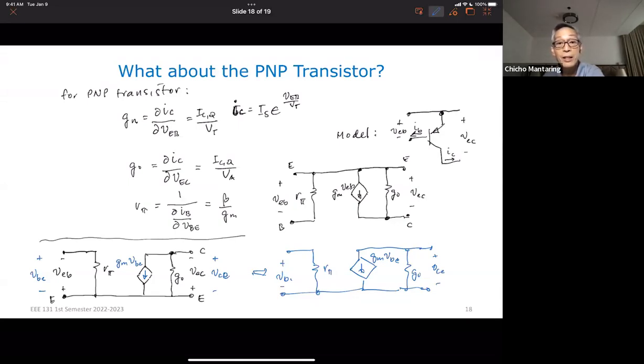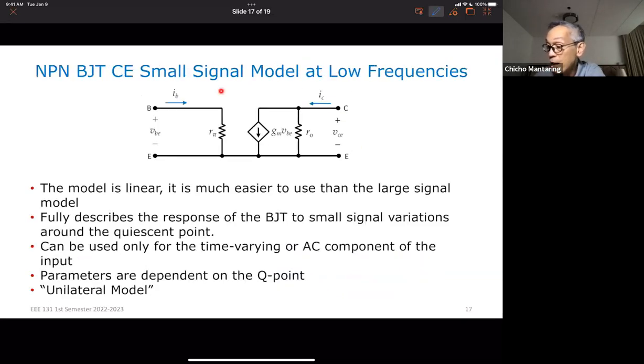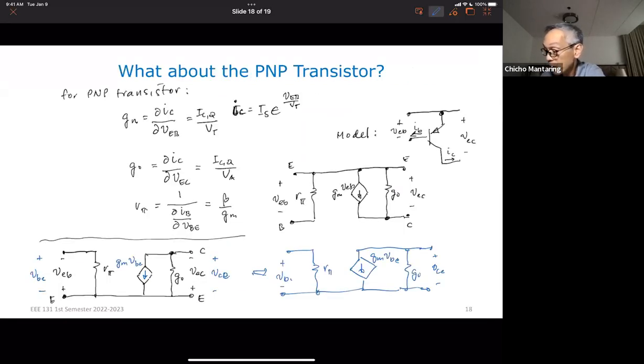What did you notice? Exactly the same. The model for the PNP and the model for the NPN are exactly the same. So you only have to remember one model for both the PNP and the NPN.